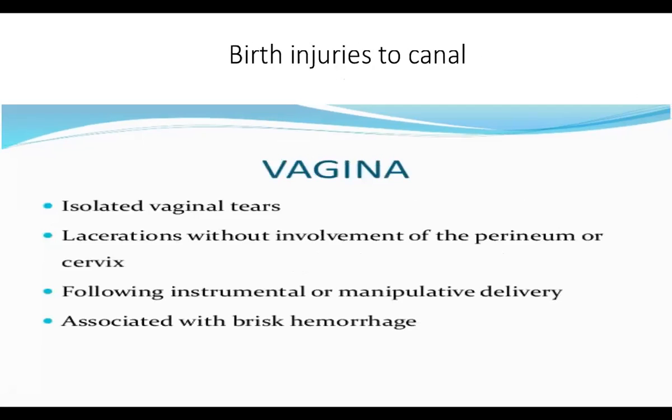If you go upside, there is injury to the vagina: isolated vaginal tears or lacerations without involvement of the perineum or the cervix, or following instrumental or manipulative delivery, that is forceps delivery. That can lead to injury to the vagina, and sometimes it is associated with breast hemorrhage. That may be the problem.